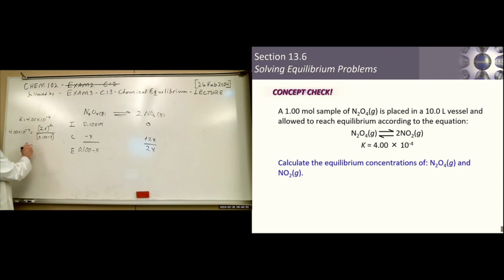So we say it's approximately 4x squared. I just squared this one, divided by 0.100, and leave the x out.